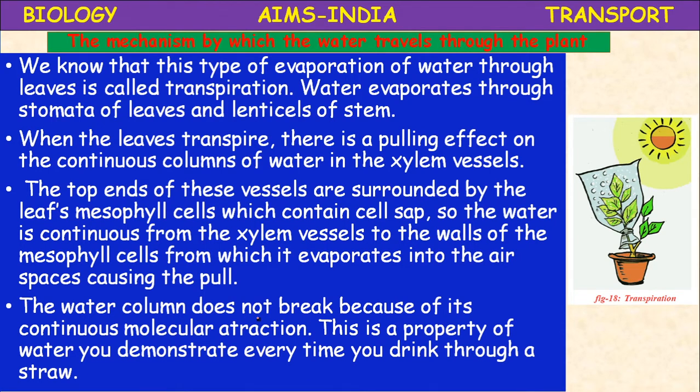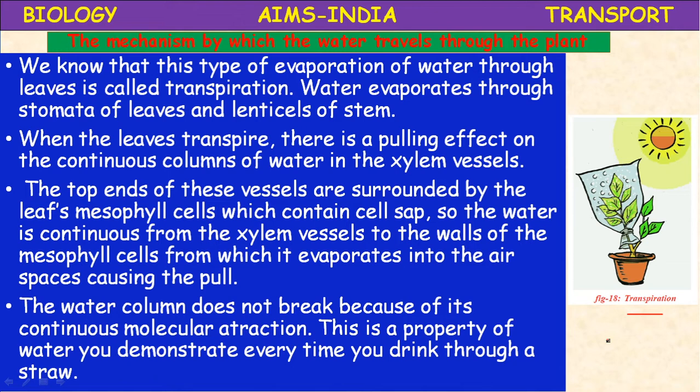That is why the inner side of the cover becomes moist. Here one image is given, the picture. That is an experiment showing transpiration. See the figure and answer the question. Why do the inner sides of the cover become moist?